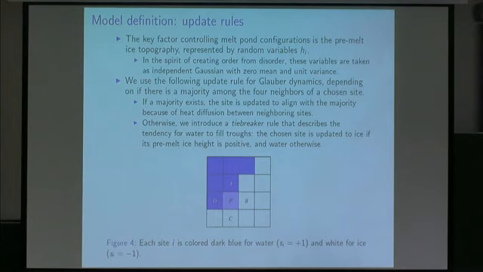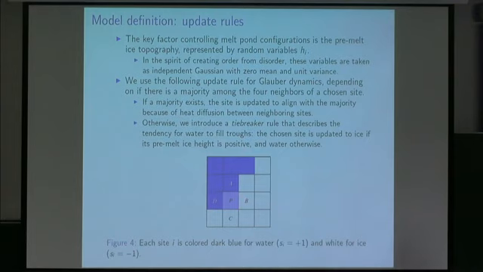And that decision is made based on this random variable h_i. That decision is also very simple. We want this spin to be updated according to the value of the random variable h_i at this site. So if this value is positive, then this site will become an ice site. If this value is negative, then it's a water site.